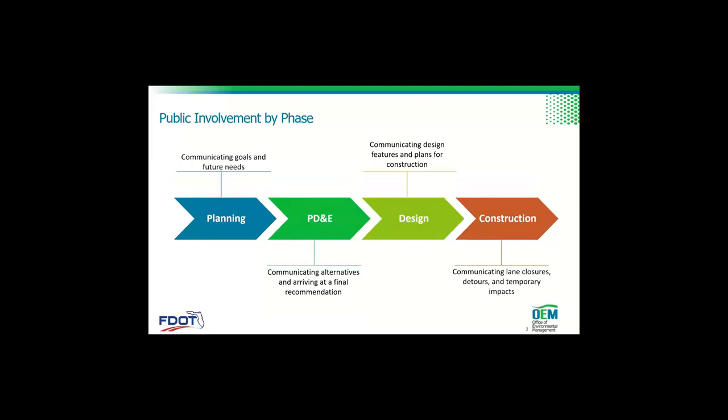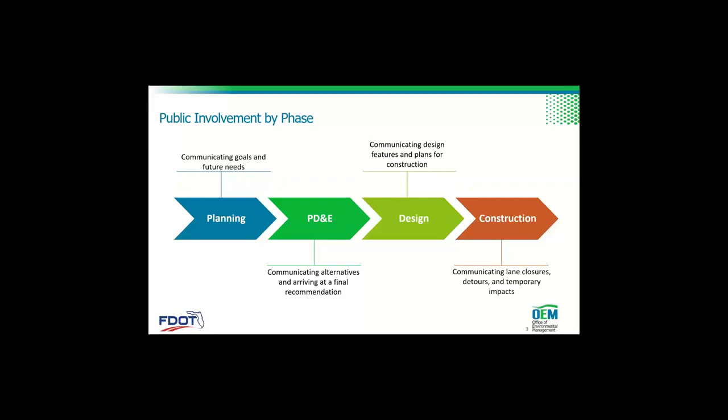So, communication by phase. In planning, we're talking about transportation goals and future transportation needs. Then in PD&E, we've looked at those needs and at data, and now we're communicating potential alternatives and arriving at a final recommendation with the help of the public.